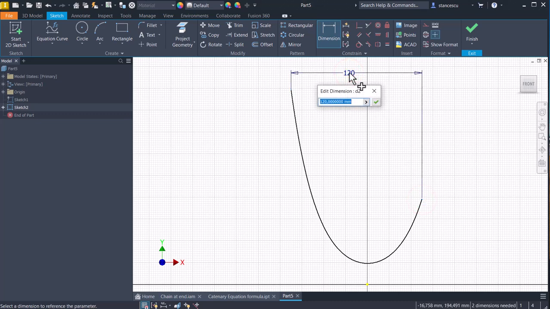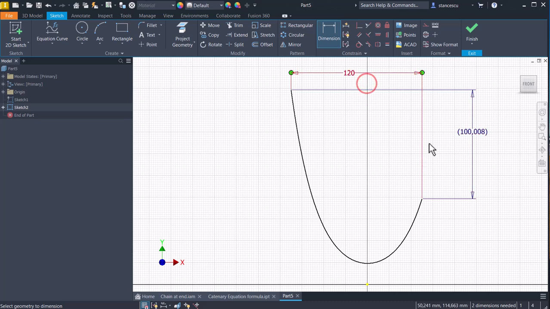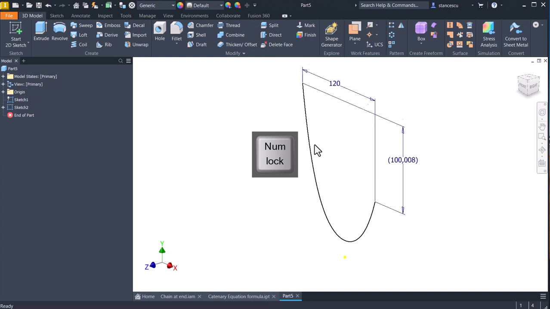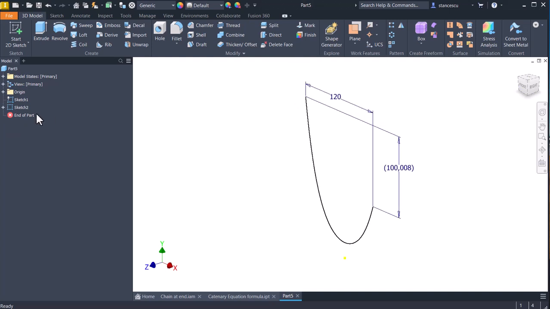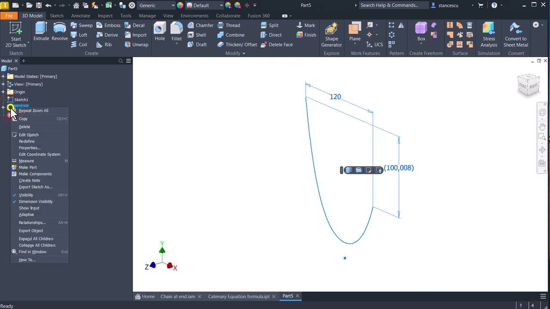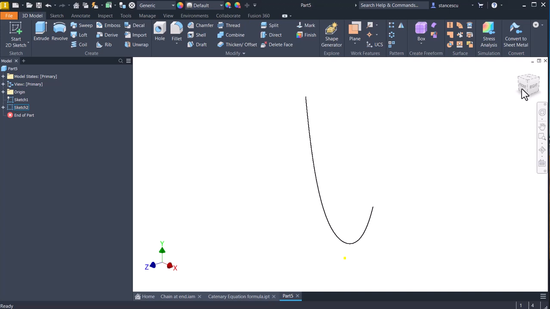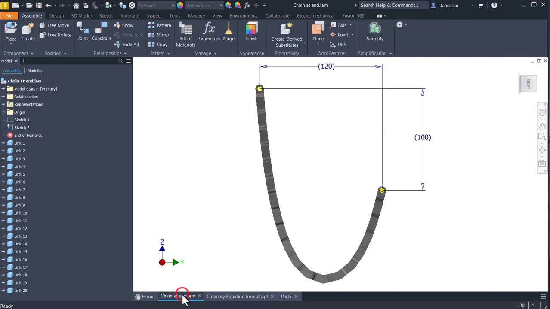This is really 120 and this must be 100. Yes, but with a small difference. Important is that we can control this kind of curve. I place here dimension visibility to be hidden, and we have something like this. Yes?